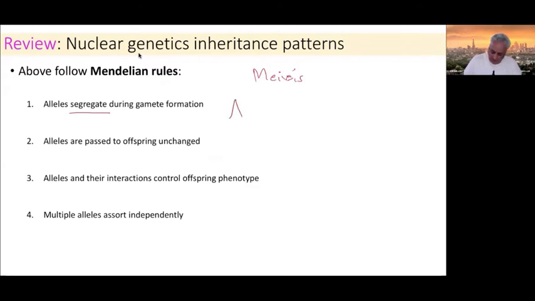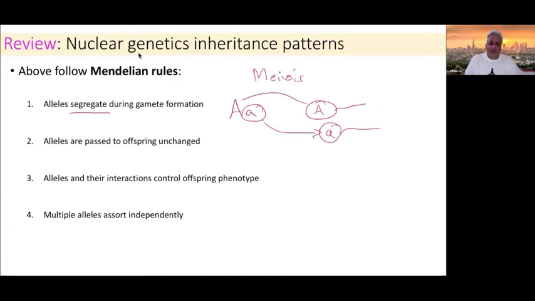If you start with a heterozygous parent, what this means is that during the process of gamete formation, where meiosis is instigated, the big A allele will be separated, segregated, into a different cell than the small a. So big A goes into one type of gamete, and small a will then move into a different type of gamete. The same thing would apply with eggs.